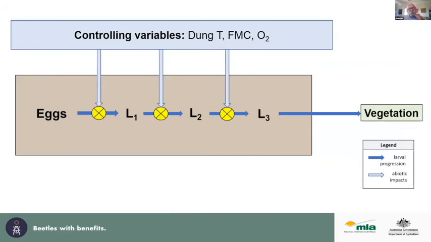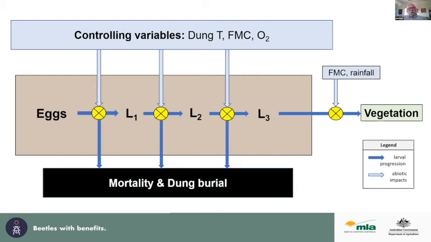The rates at which nematodes go from these different life stages is determined by characteristics within the dung: the temperature, fecal moisture content, and oxygen. The rate of migration to the vegetation is determined by fecal moisture content and rainfall. And then finally, we have mortality and dung burial, which will decrease the number of larvae and eggs from the population.